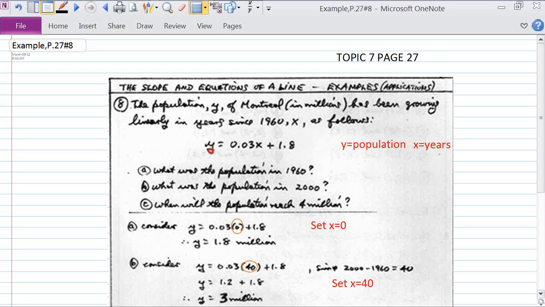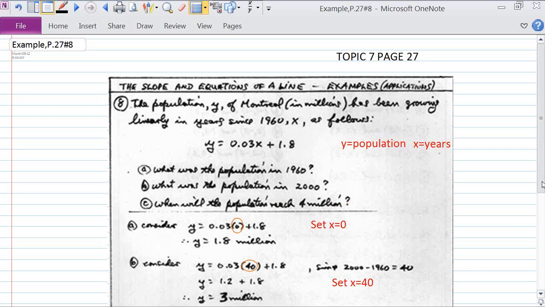What was the population in 1960? So that's the first problem. What was the population in 2000? When will the population reach 4 million? So let's go through these three parts.